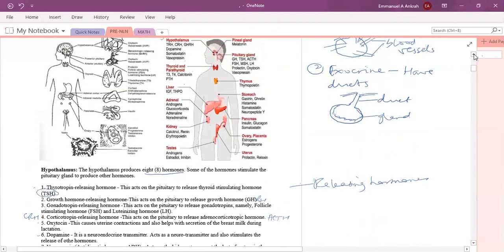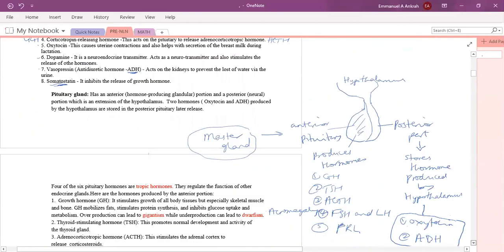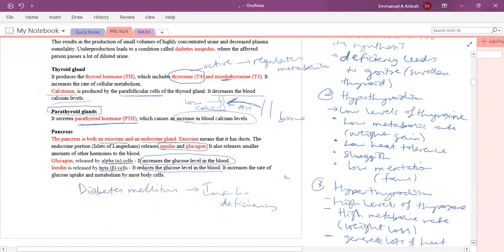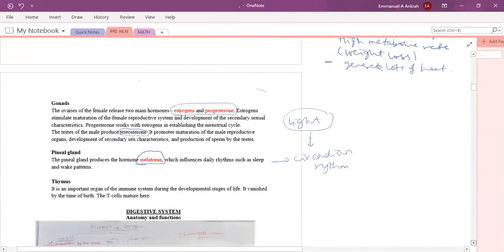So this is the thymus, the yellow thymus right there. Okay. So the thymus produces what we call thymopoietin. The function of the thymus is to school the T lymphocyte, right?